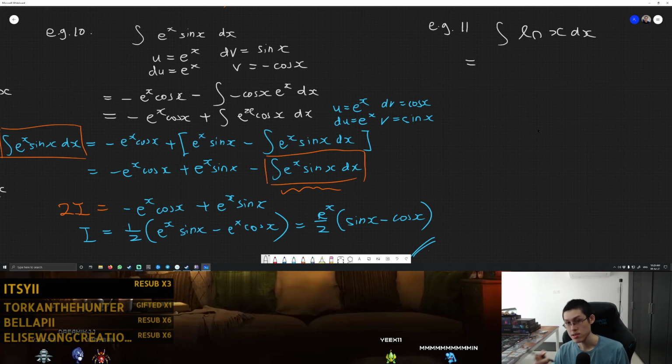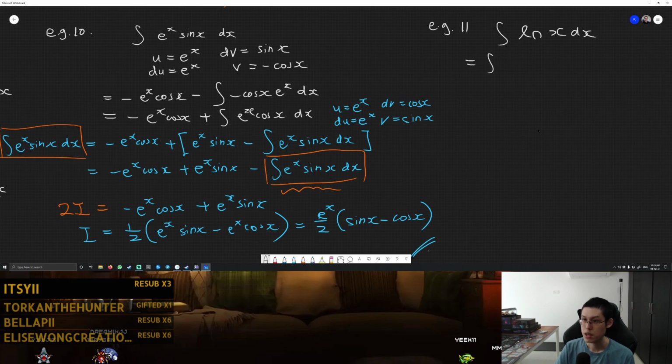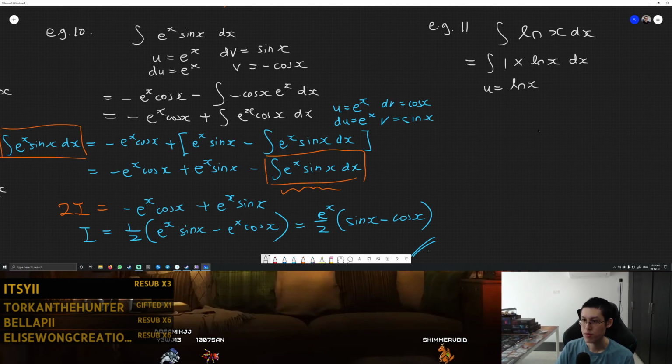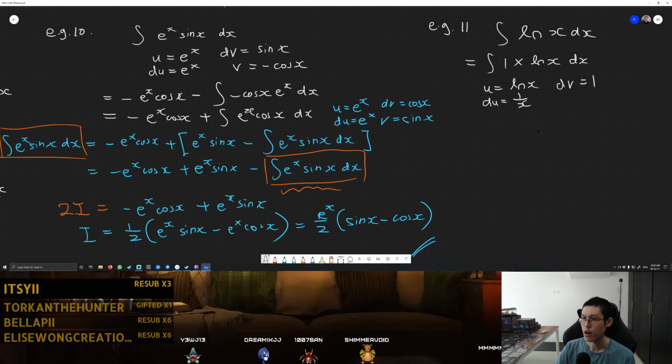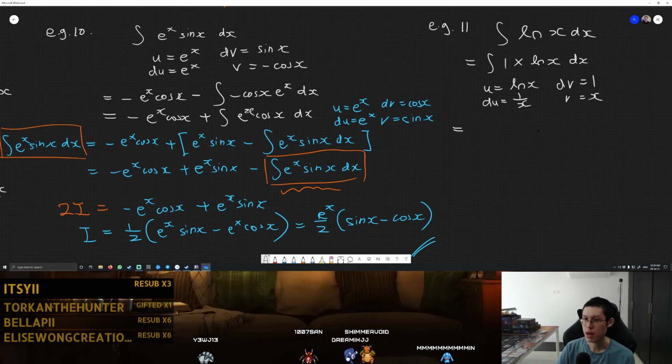You can always insert a dummy function. And you do that by putting a 1 times ln x here. So the 1 is your dummy function. So we're going to say u equals ln x, du equals 1 over x, dv is 1, and v is x. Oh, and now we integrate by parts.